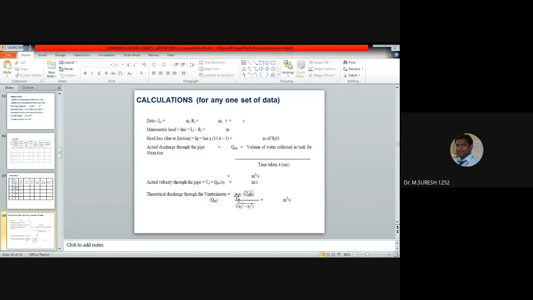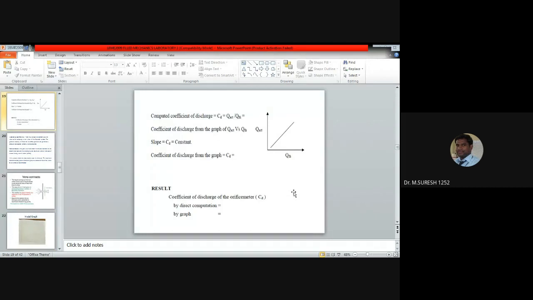And the formula you can use: A1, A2, root 2 g H divided by root of A1 square minus A2 square. So you need to find out meter cube per second. And this is also similar to the venturimeter: computed coefficient of discharge, actual versus theoretical.